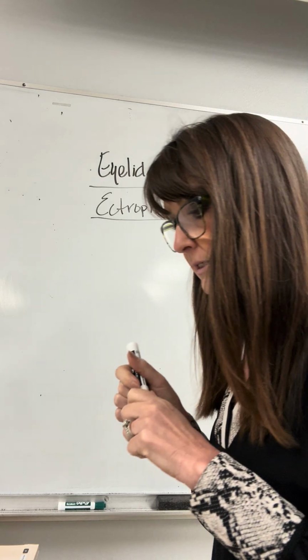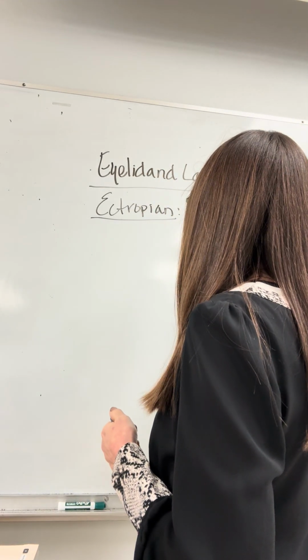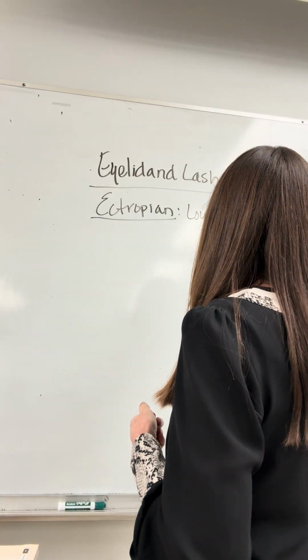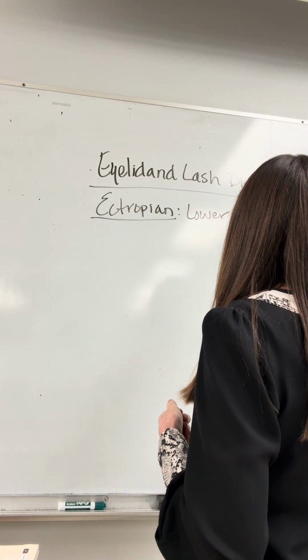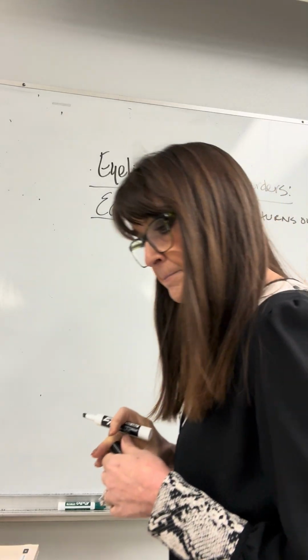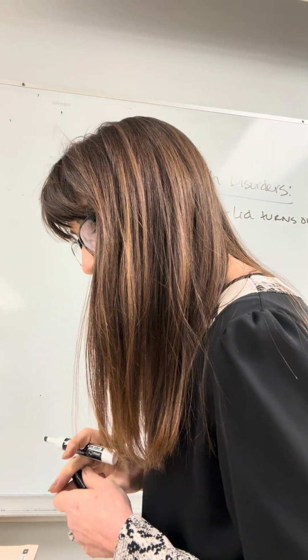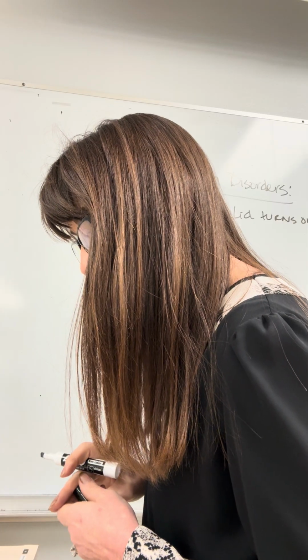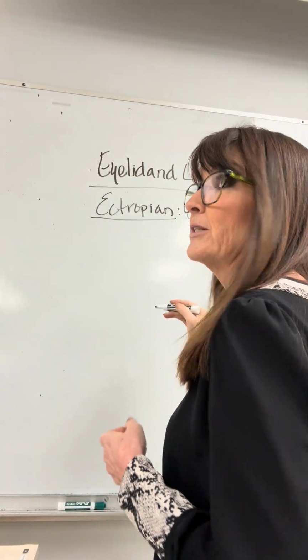So like I said, this is usually on the lower lid. The lower lid turns outward, okay? Loss of elasticity, and usually you have to have surgery to correct.